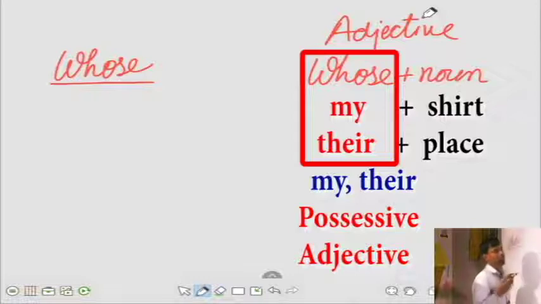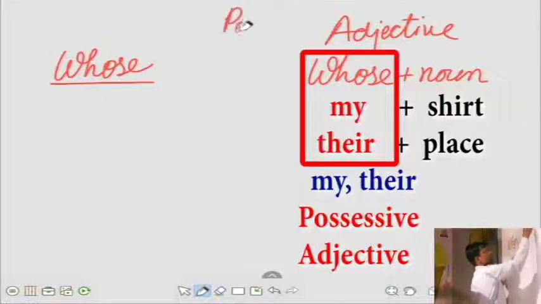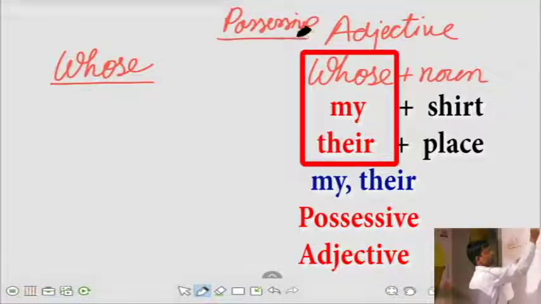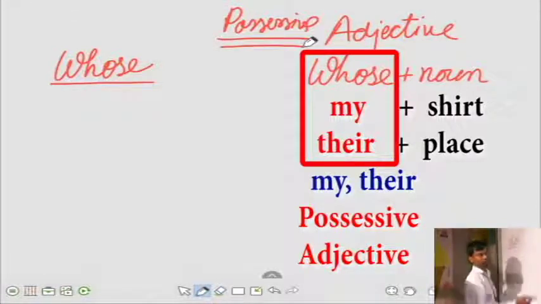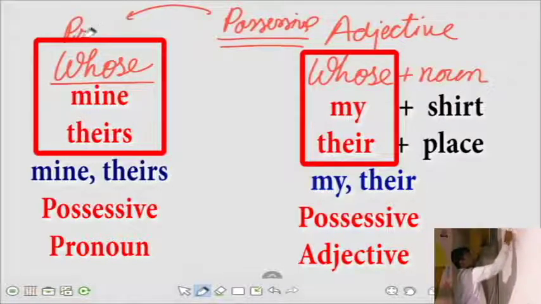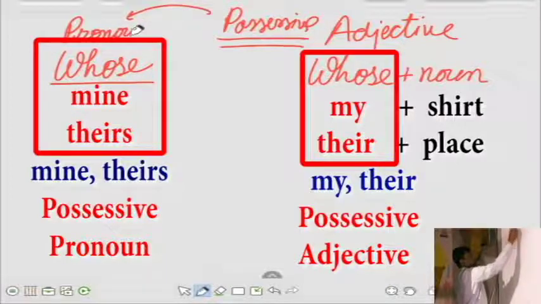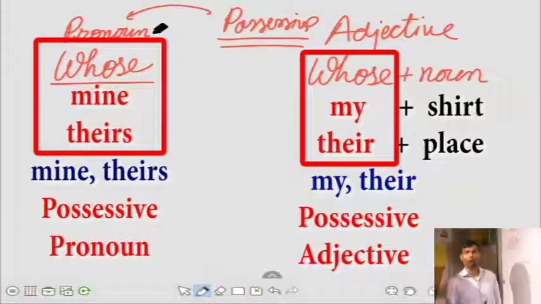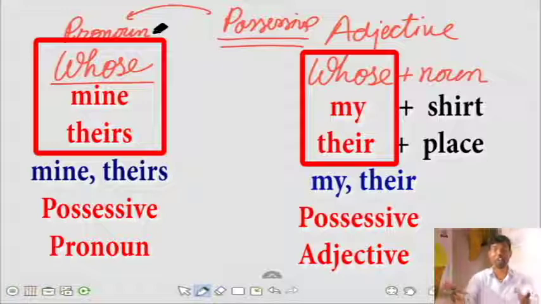What kind of adjective? Possessive adjective. If you have no noun here, this becomes a pronoun, possessive pronoun. See how simple it is. Very simple.